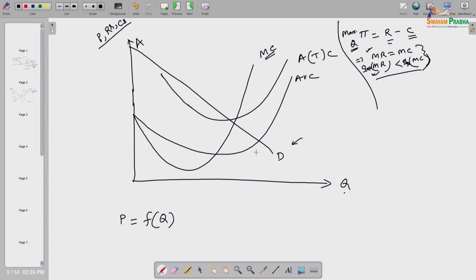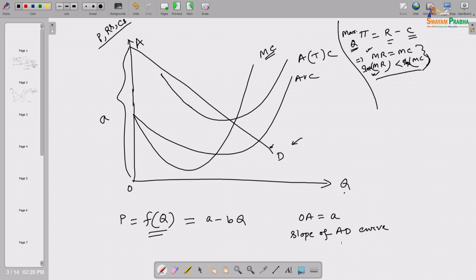Since we are taking the demand curve to be linear and downward sloping, in explicit form it is something like A minus BQ, where this distance OA is equal to A, and the slope of the AD line, the AD curve, is equal to minus B. Then this is the equation of my demand curve.